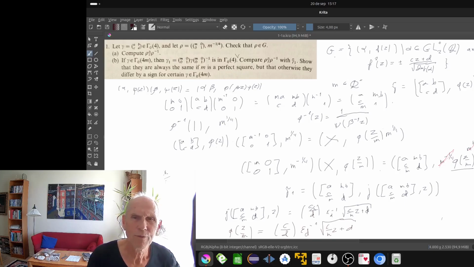Where did we have phi? I should have written it somewhere. I've written the inverse, so phi should be there as well somewhere. Well, never mind. And it's easy to see that the, I'll just write the formula. C divided by M is an integer.